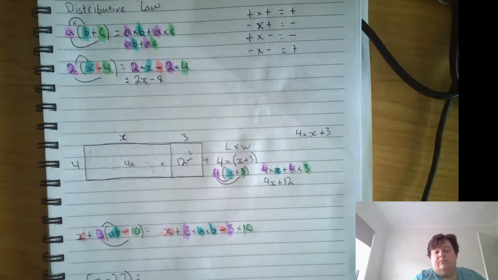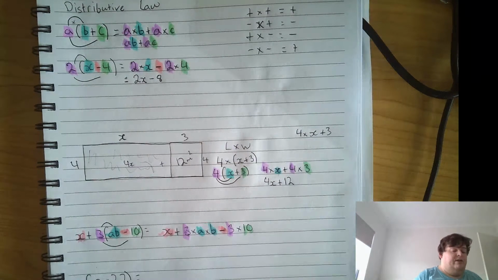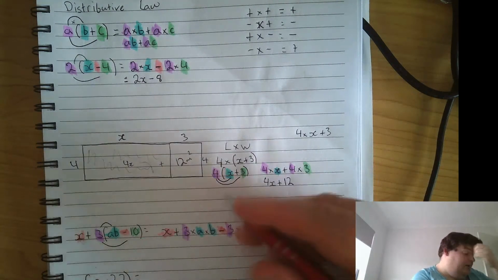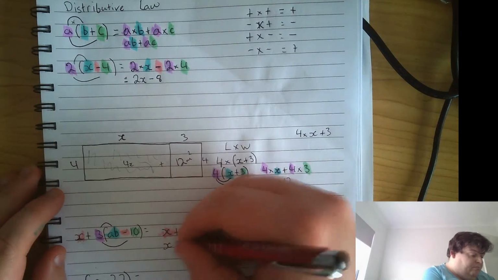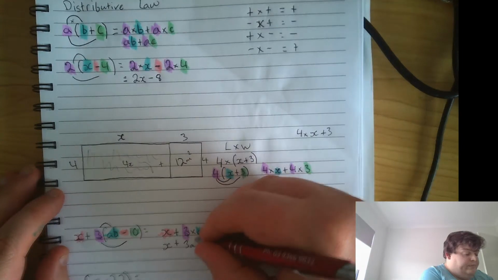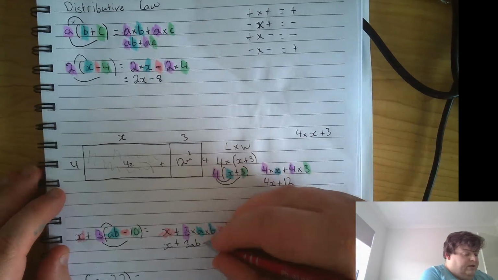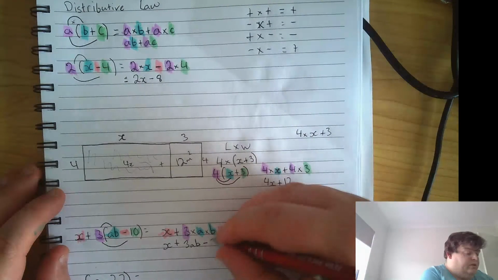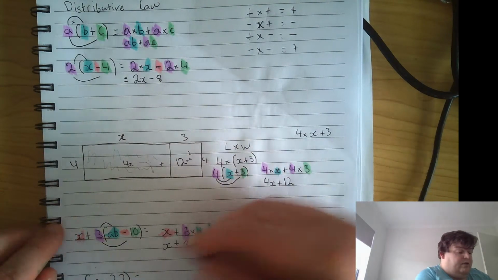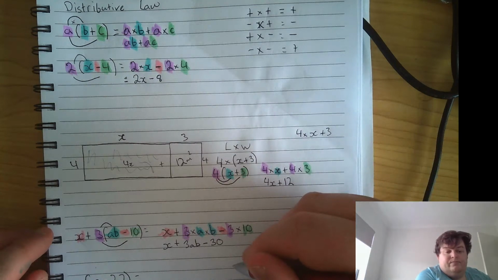They haven't really moved, they're just in the same spot again. So now let's collect the like terms amongst what we got here. And again, we have x plus 3 times a times b is 3ab minus 3 times 10, which is 30. All right, and I don't have any more like terms there because all the pronumerals here are different.